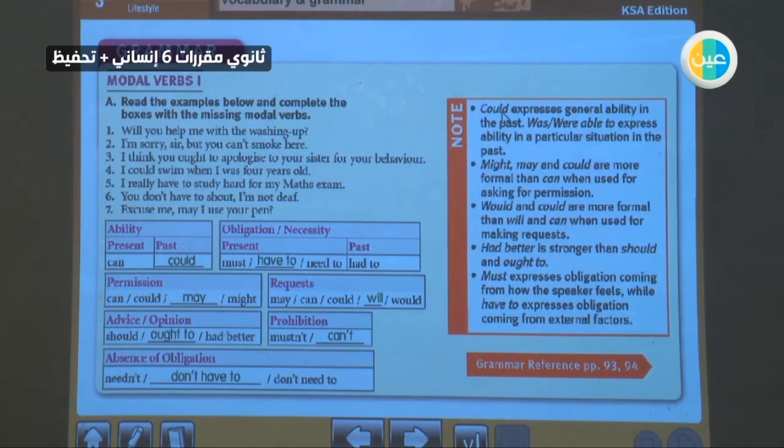Might, may, and could are more formal than can when used for asking for permission. So if you are talking to your teacher or your manager, it's better to use might, may, and could more than can. Would and could are more formal than will and can when used for making requests.